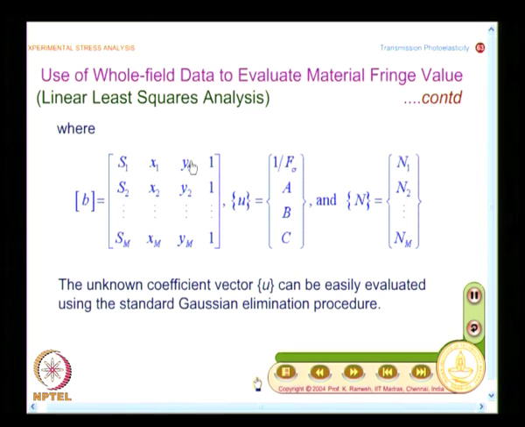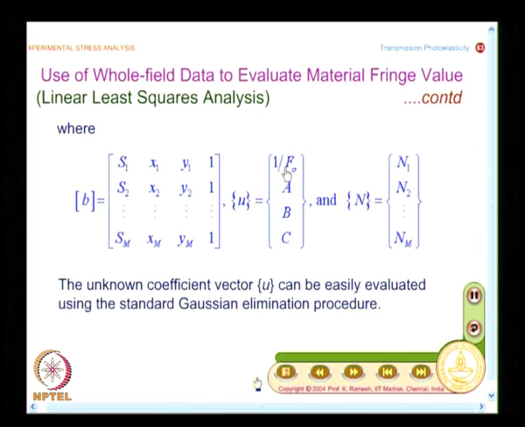So, what I am going to do is I will find out experimentally for the data point X1 comma Y1, I will find out N1. Similarly, for X2, Y2 I will find out N2, and we already have an expression for S. So, for each of these data points I need to plug in what is S1, S2, S3, S4 and Sm. So, I can find out the matrix B comfortably, very simple.